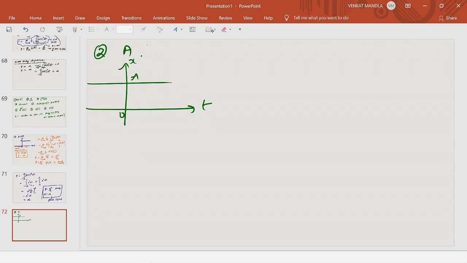This is x of t, which is a. So this also looks like a power signal to me. I'm just assuming it is a power signal.